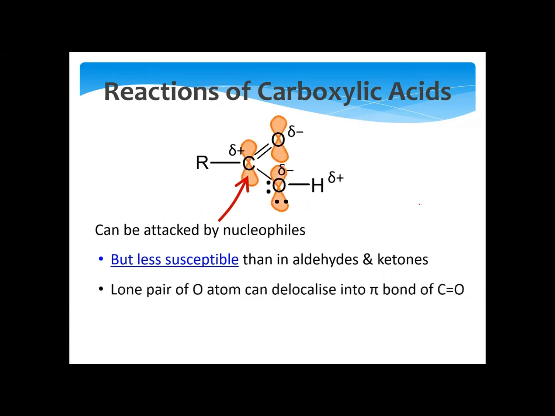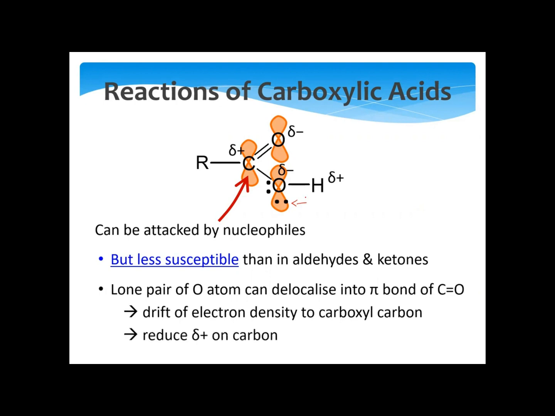And the lone pair on oxygen, as you can see over here, can delocalize into the pi bond of the C=O. You can see the overlapping of the p orbitals. So the lone pair can delocalize into the C=O pi bond. So there is a drift of electron density to the carboxyl carbon.